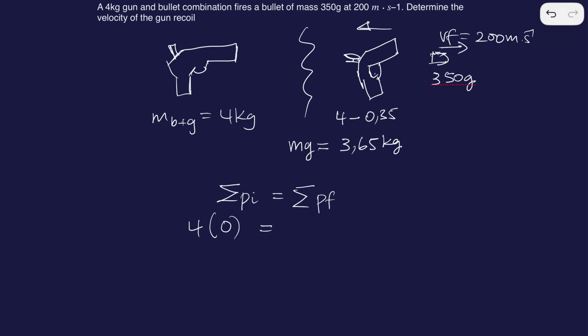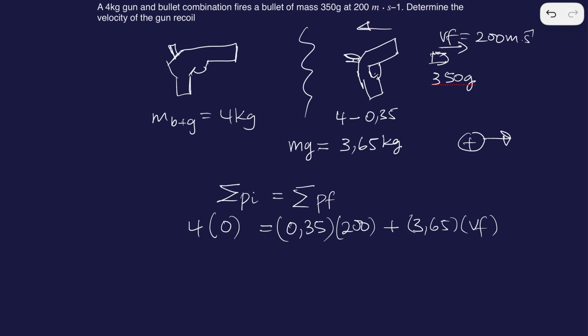That's equal to the mass of the bullet, 350 grams, which is 0.35 kilograms, times the velocity of the bullet. Let's choose right as positive. The bullet is moving at 200 meters per second to the right, so positive. And then plus the mass of the gun, 3.65, multiplied by whatever the final velocity of the gun is going to be.